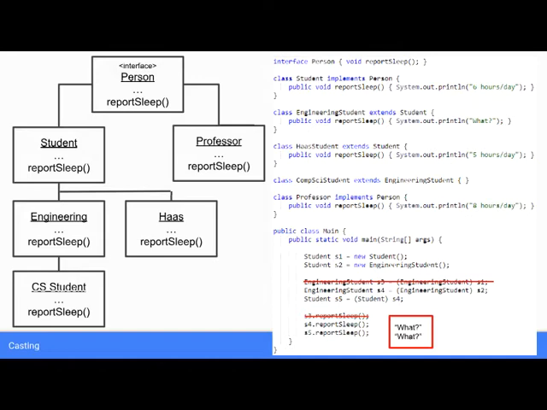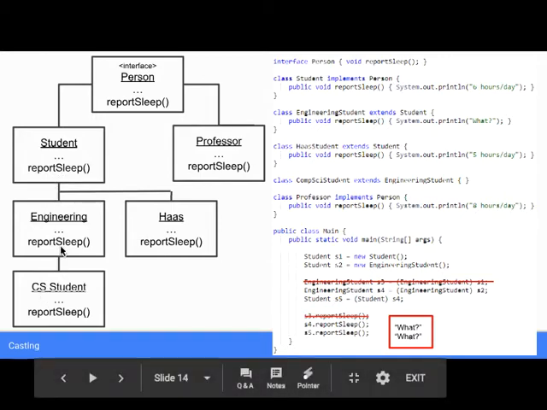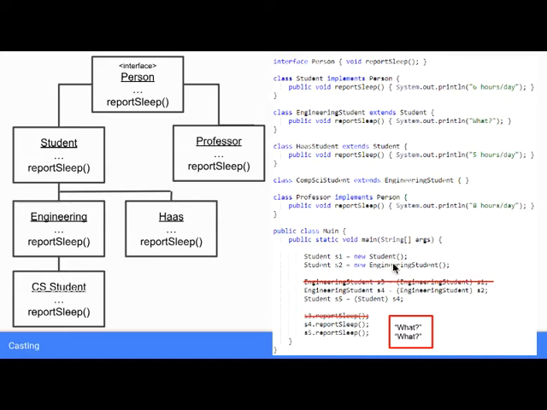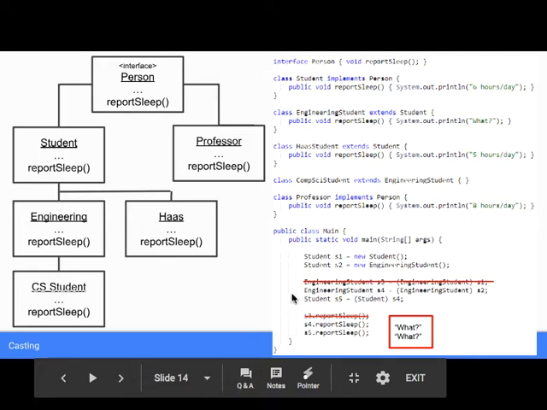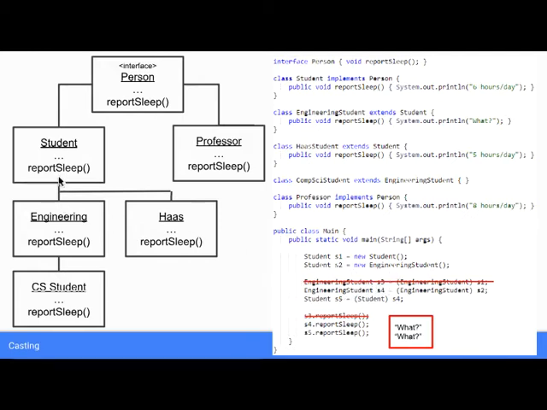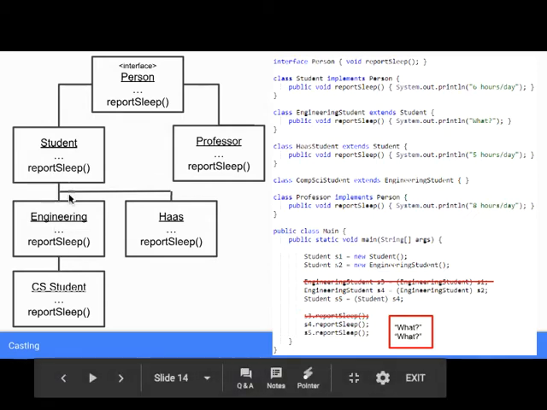Yeah, so in this case, yes, it does turn out to be okay, but which report sleep we use is a mystery, because S1 is an object in memory. It's a student class. But we treated S4 as an engineering student class, right? However, they both have this function called report sleep.